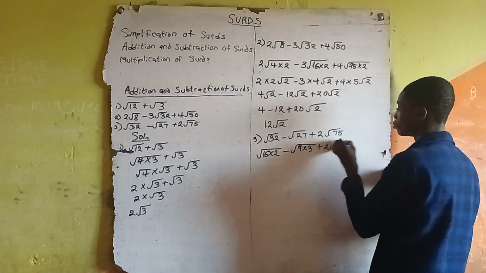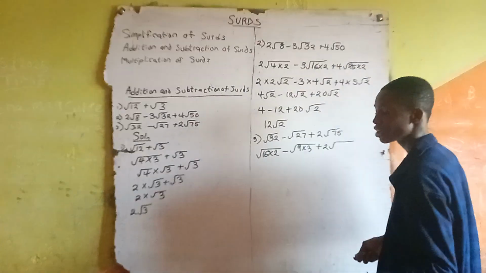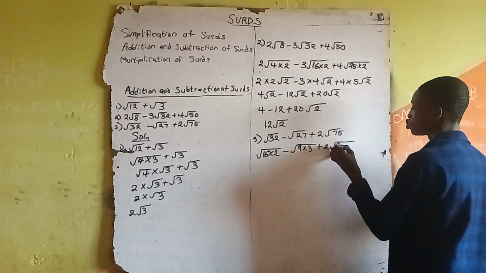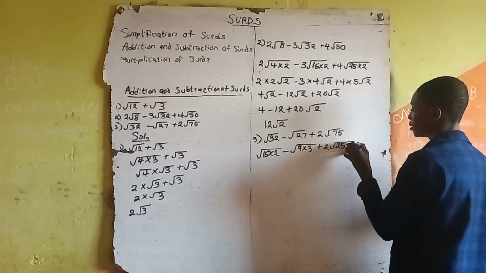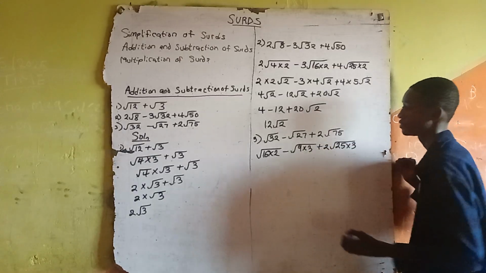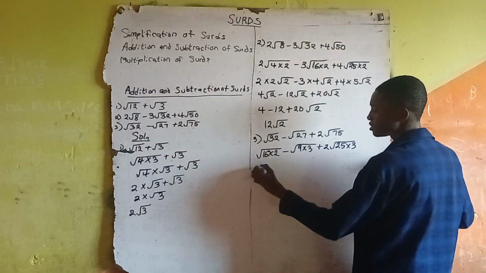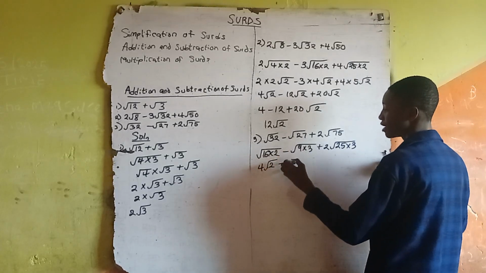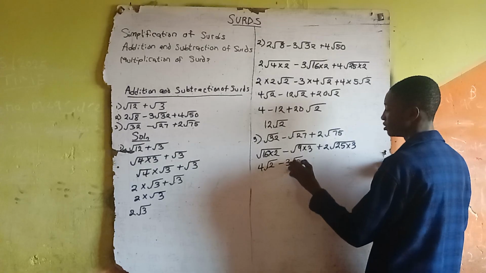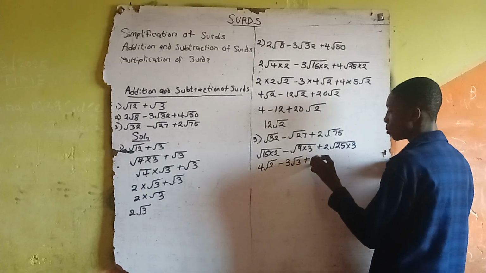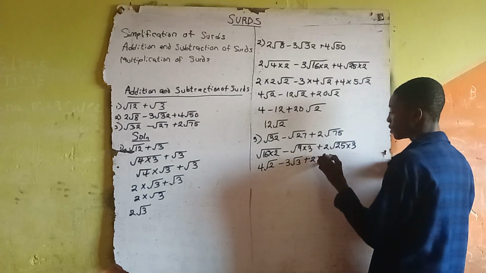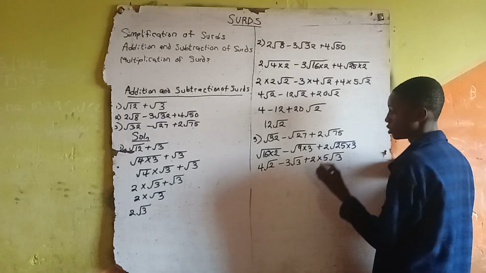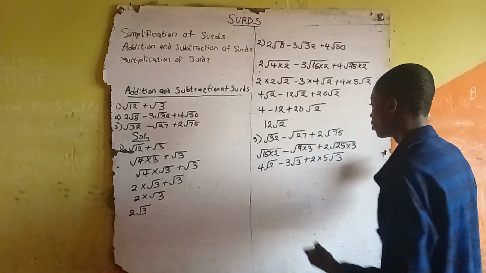Plus 2 root 75, which is 25 multiplied by 3. Now, the square root of 16 is what? Is 4 root 2, minus the square root of 9 is 3 root 3, plus 2 times the square root of 25 is 5 root 3. So now let's multiply.